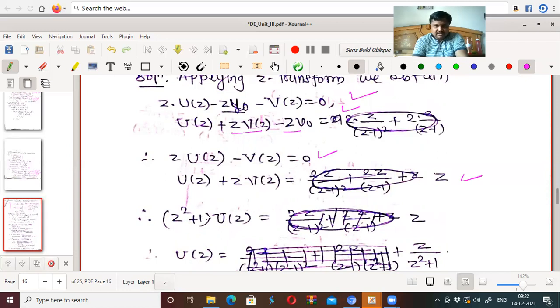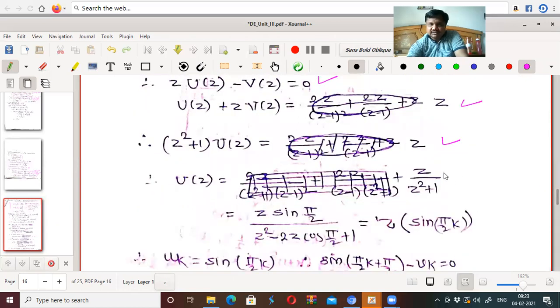So we get z square plus 1 u of z equal to z. So u of z equal to z upon z square plus 1. But as u of z is this one, that means the z transform of uk equal to this one.